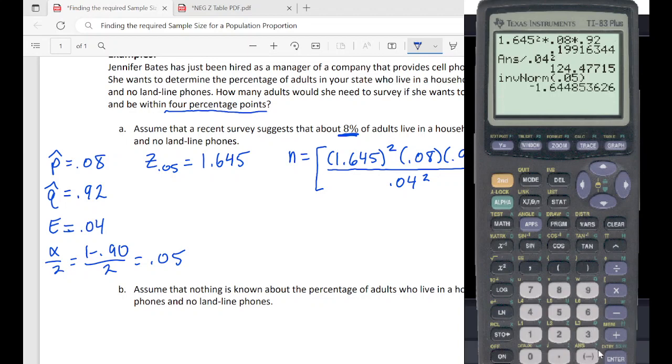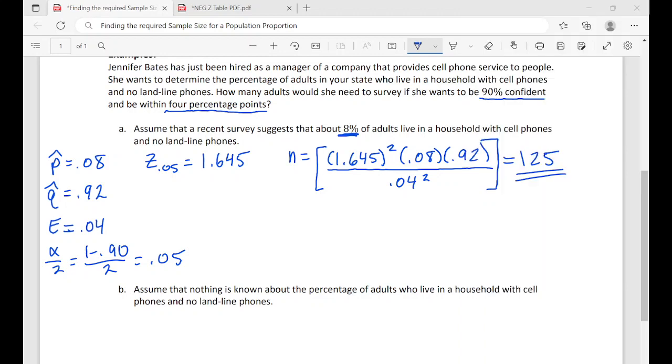And here we get 1.6448, which does round to 1.645. But many times when we do the critical value, we only round to 2 decimal places. So what if you actually rounded to 1.64 instead? Well, the answer is just going to be slightly different.